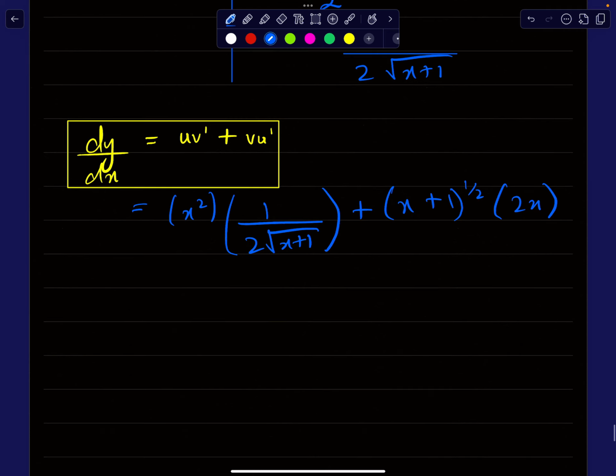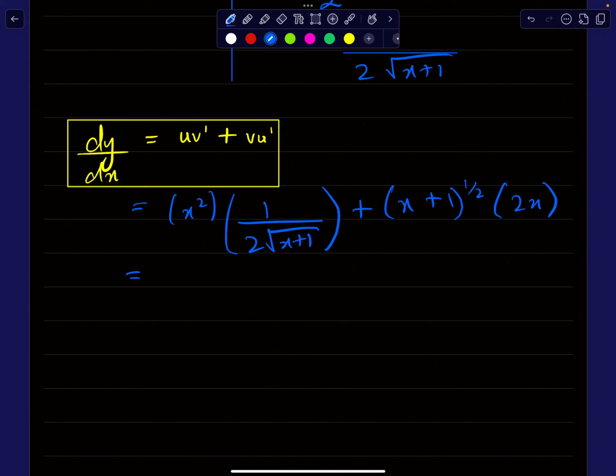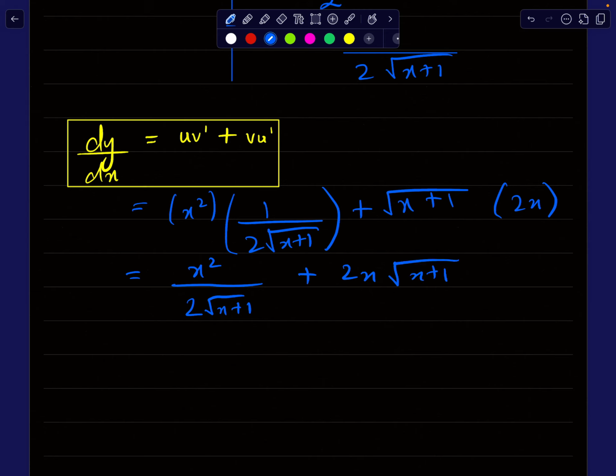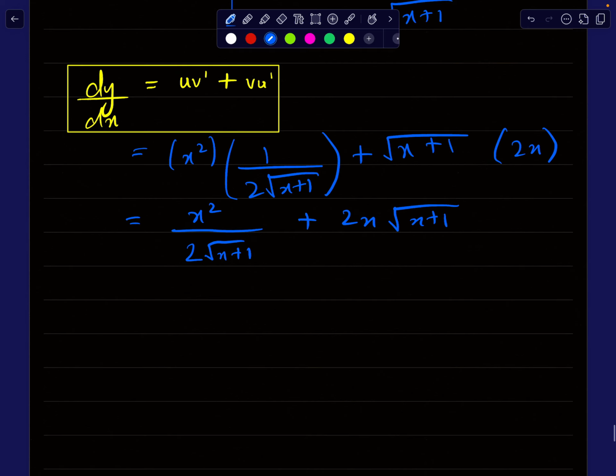If I simplify this, I'd end up with something like, let's write this down as square root first of all, and simplifying this expression would lead me to this expression right here. The denominator is the same as this string. Thus, how about we express our final answer as a single fraction?